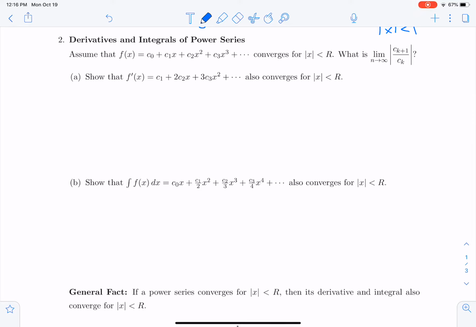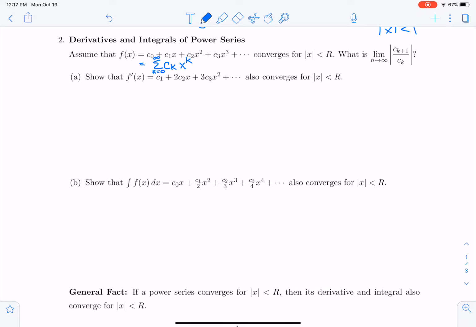f(x) is going to be c sub 0 plus c sub 1 x plus c sub 2 x squared plus c sub 3 x cubed, etc. In other words, my series f(x) is the sum from k equals 0 to infinity of c sub k x to the k.